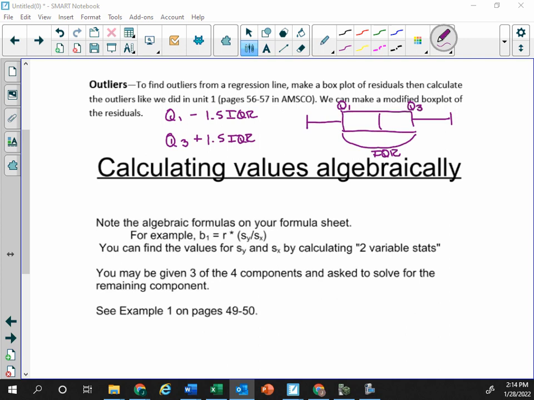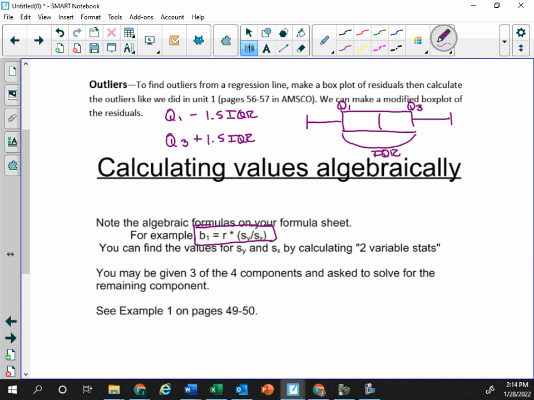So guys, some of the formulas from this unit are on your formula sheet. This one: b1 equals r times s sub y over s sub x. We'll get into using that more later, but that is how you can find your slope. Usually you know 3 of the 4 values, and then you just have to algebraically solve for the 4th one.